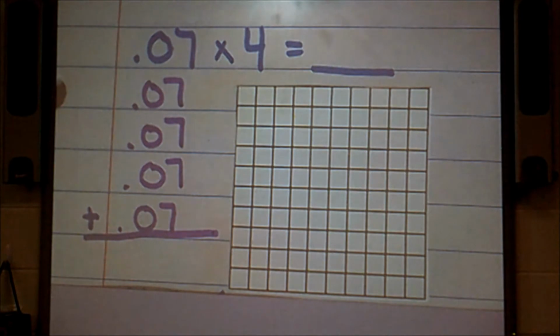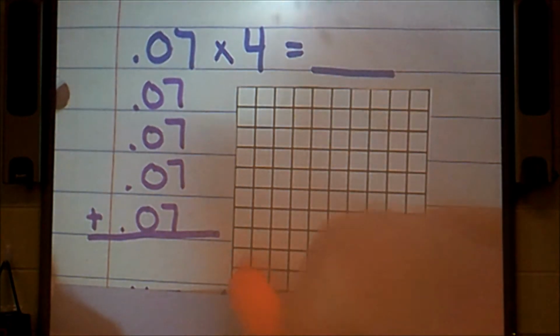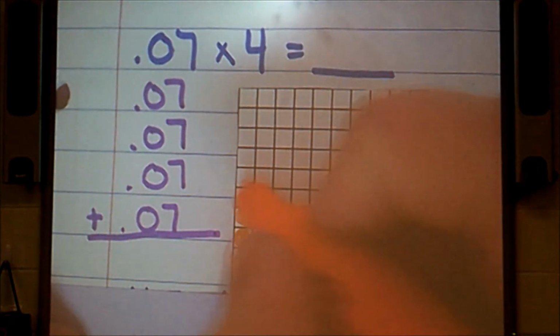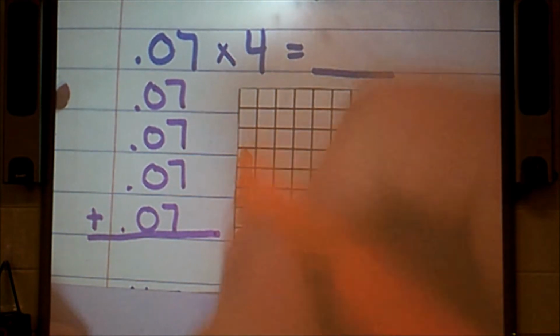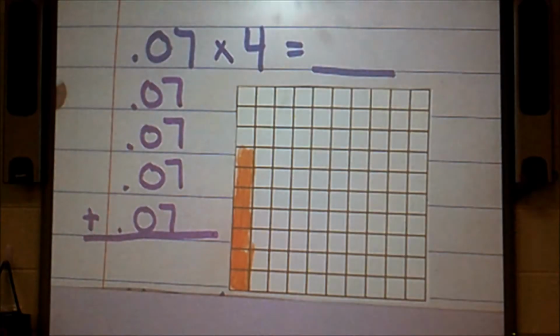Then I'm going to fill in 7, starting from the bottom. 1, 2, 3, 4. So there's my first 7 hundredths. Now I'm going to repeat this procedure 4 times total, so another 3 times, in order to get my sum.